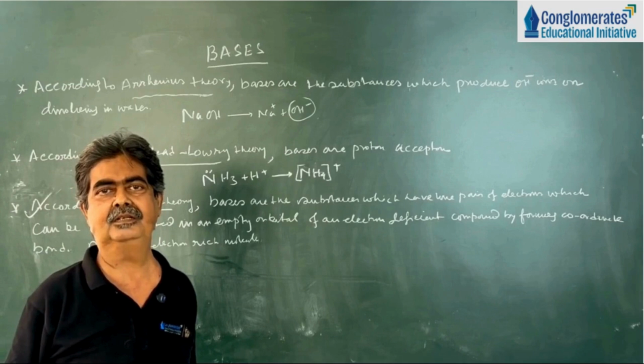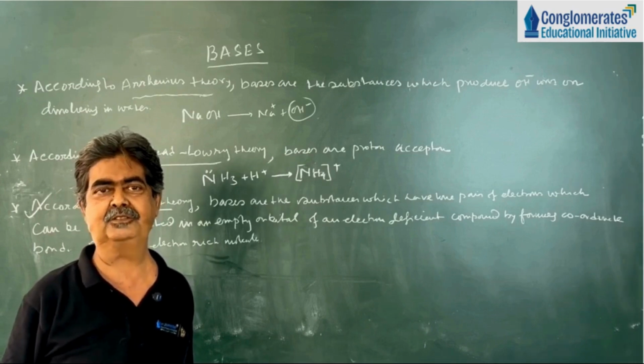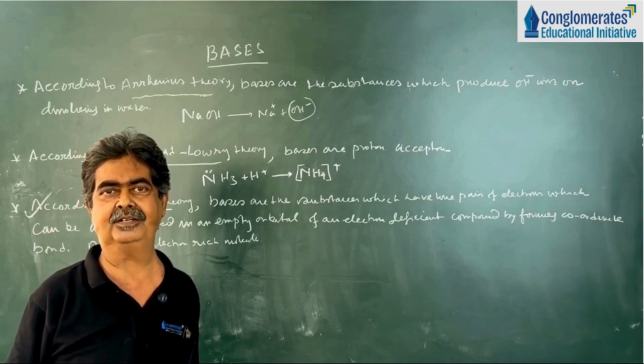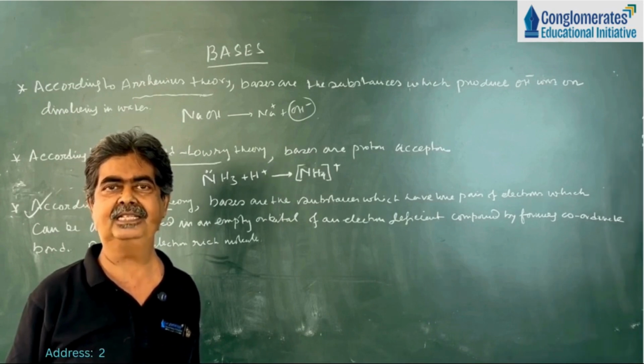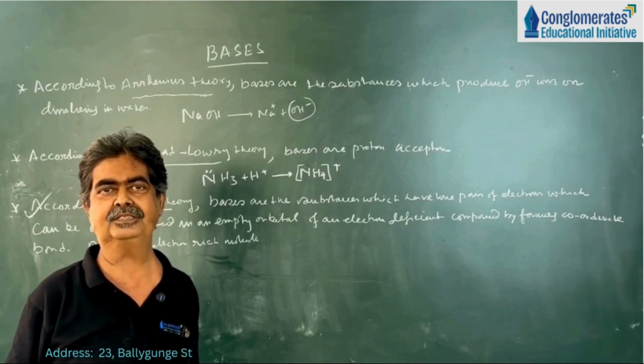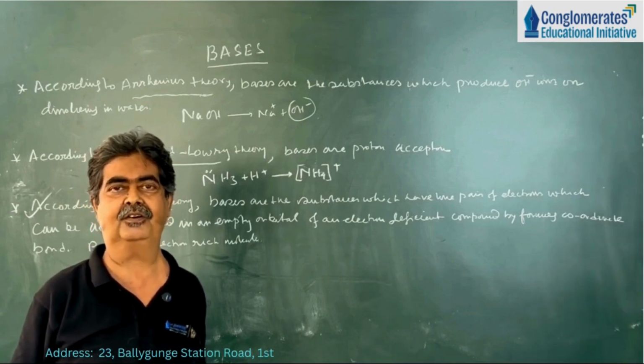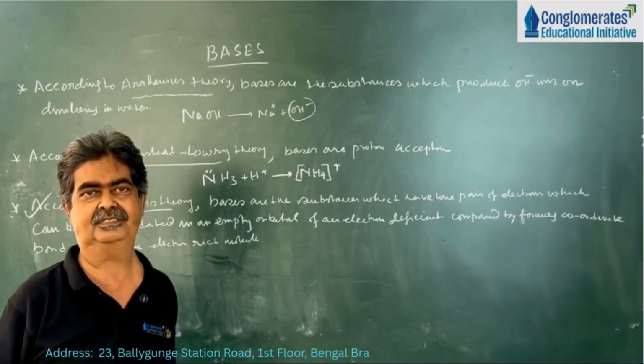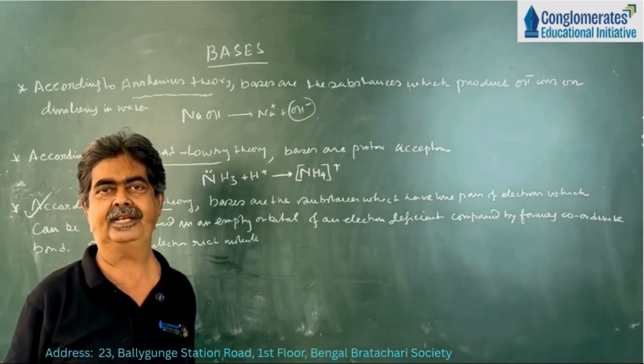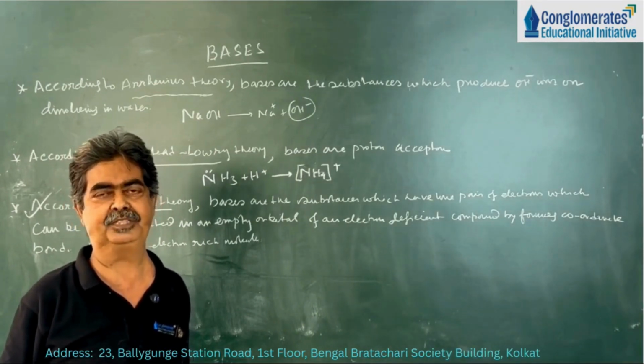This is called Lewis base. Those substances are called Lewis bases because they don't have any OH ion or hydroxide ion, but still they are bases because they have a lone pair of electrons to donate to an electron deficient molecule like H+ ion to form ammonium ion.